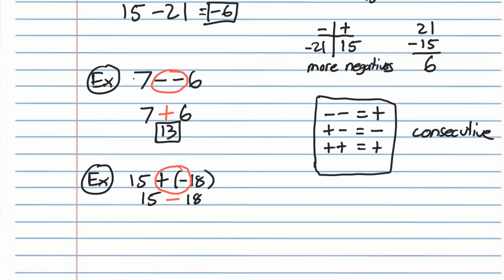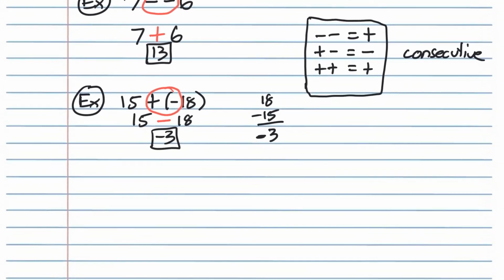Okay, so off to the side, if you need to, you can always go 18 minus 15 is 3. But there were more negatives, right? Negative 18, that's a bigger number. So our leftovers are negative. Also, because we're in this virtual setting, you guys have the advantage that you can use a calculator, as long as you're making sure to enter it in correctly. Okay. So that's adding, subtracting.